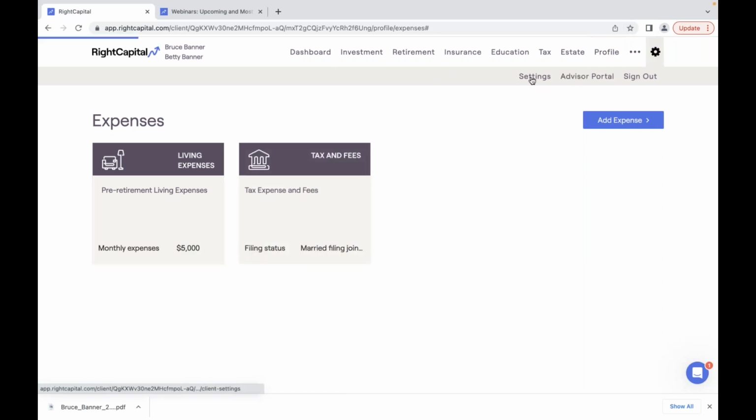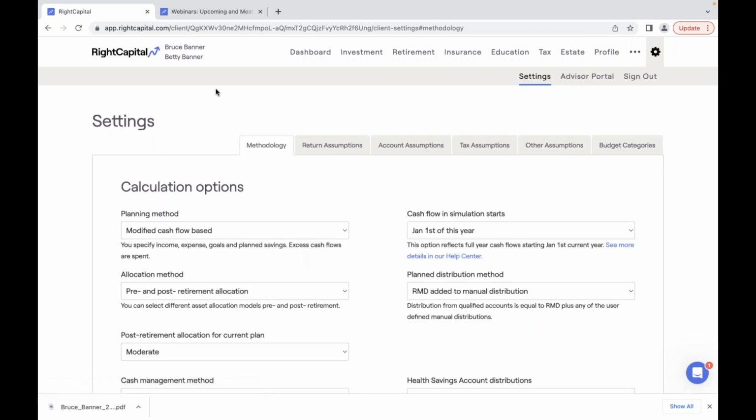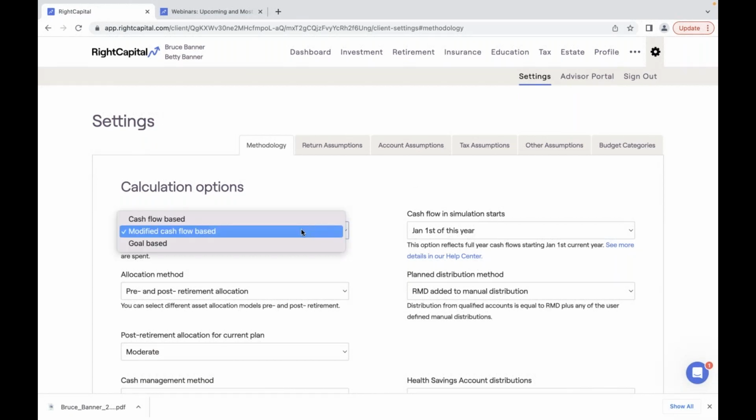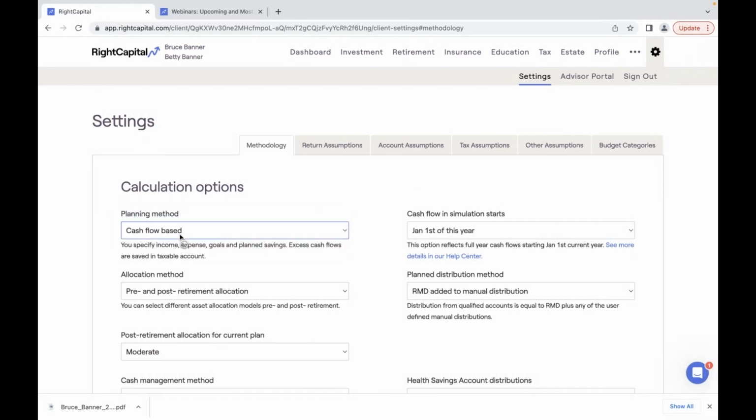You could theoretically add a very high taxable savings, and we're not going to make up money, so we're only going to save what's available from the income. So that would work. But if you didn't want to have to enter the card, you could just switch this to cash flow based, and then any excess income is automatically saved. Both work. I would say this might be easier for you in most cases, and you could even set every plan up to do this automatically.